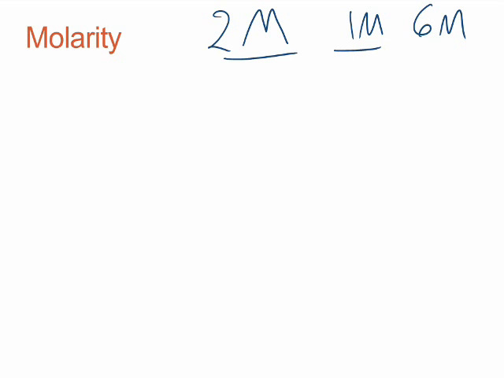Now we come to the cool thing of molarity. Anything dealing with moles is cool. And often you guys might see a big M on the side of a bottle like acid, like a 2M or a 1M or a 6M. We've done labs, and now we're going to see what this M means. Well, it has to do with big M moles.